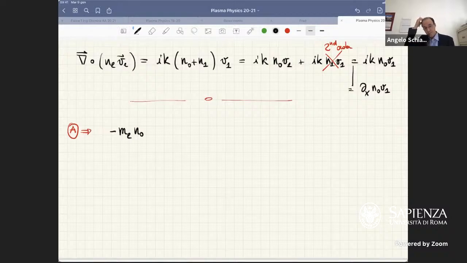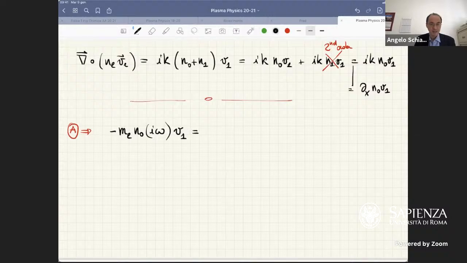N naught is both the number density of ions and of electrons, the equilibrium density, times the i omega. Sorry, this is the time derivative of V1.